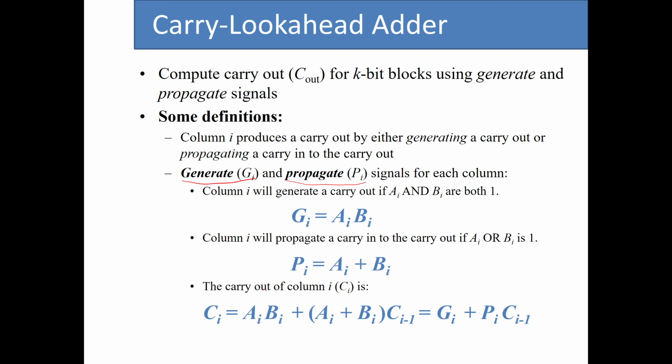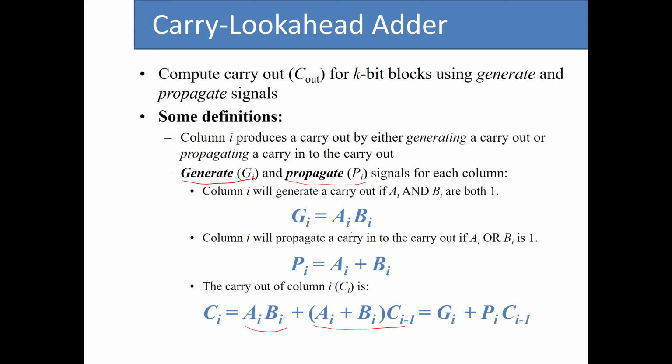So the carry in each column can be calculated as the OR of the generate signal and the AND of the propagate signal with the carry from the previous stage. Or we can simply say the carry in stage i, or for bit i, is the generate signal for that bit, or the propagate signal being ANDed with the previous carry.